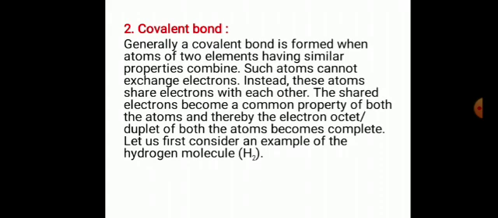And in this formation of covalent bonds, atoms share electrons with each other. Clear to you? In ionic bond, there is a transfer of electron from one atom to another atom. But here in covalent bond, there is no transfer of electron.